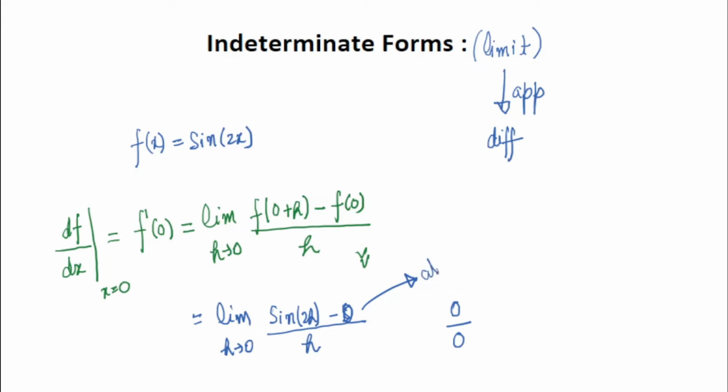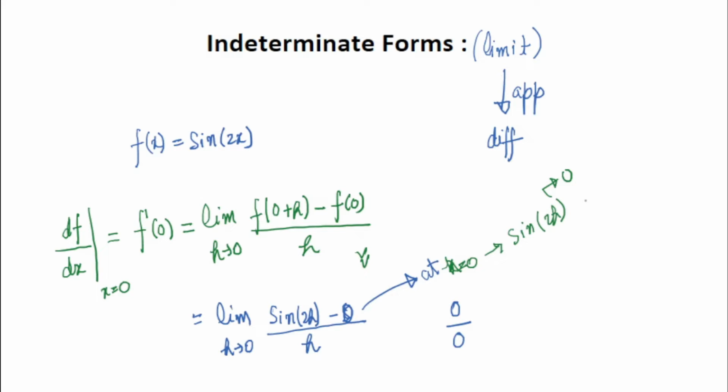Here, the value of sin 2x at 0 is 0. How? Let's see. At x is equal to 0, sin 2x is what? It's not x, it is h. h is equal to 0. So for the function f(x) = sin 2x, if we put h equal to 0, then this is sin 2h, which is approximately 0.